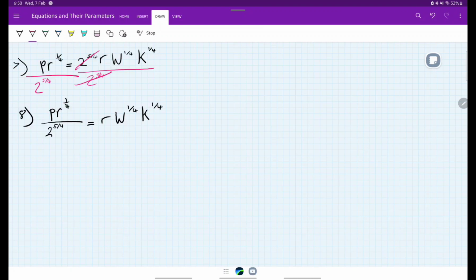Continuing to divide through, this time by r. You get to step 9, and taking the multiplicative inverse of this on the left hand side.